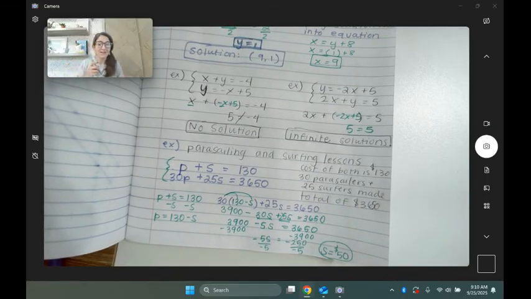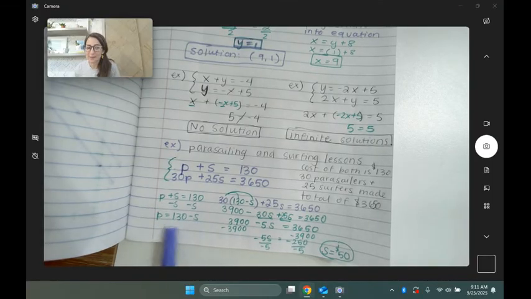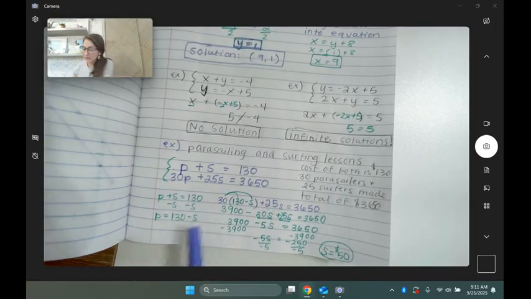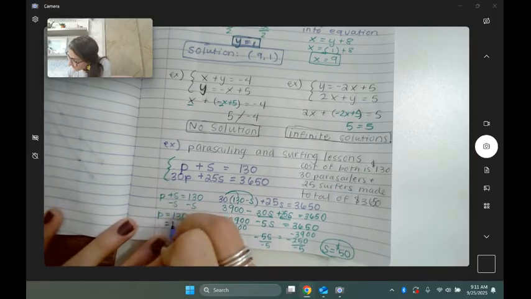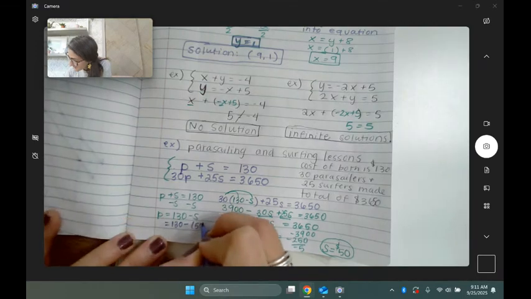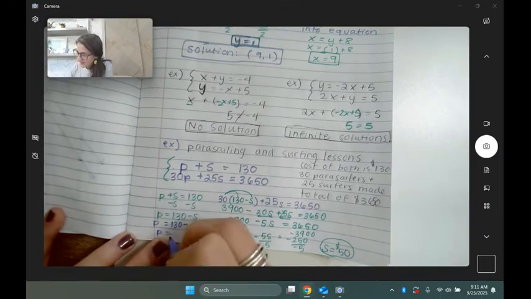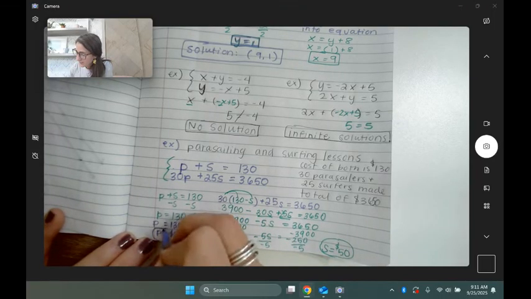Now, I'm not done because I need to find the cost of parasailing. What I love about substitution is you've already worked to get parasailing by itself. So all I'm going to do is take this 50, plug it in here. 130 minus 50 is $80. Parasailing is $80.